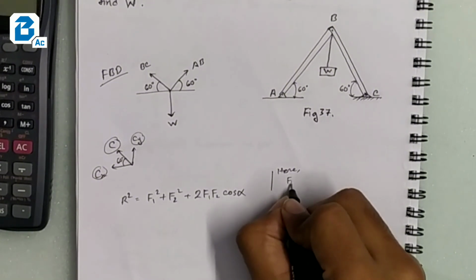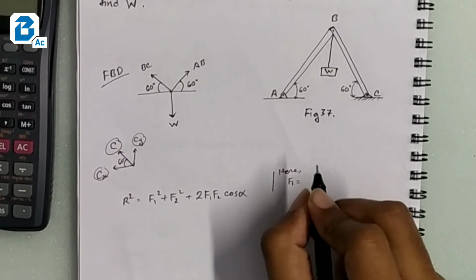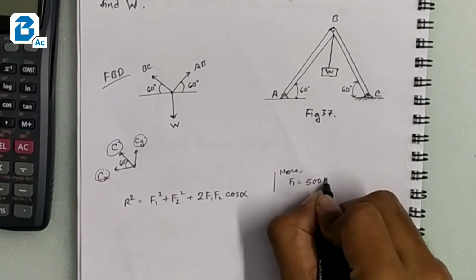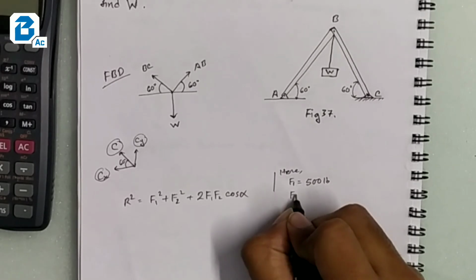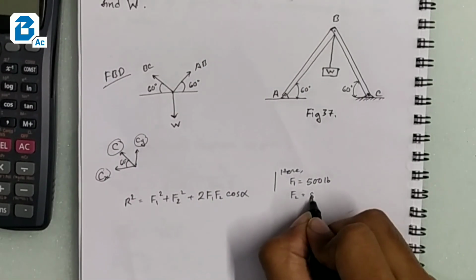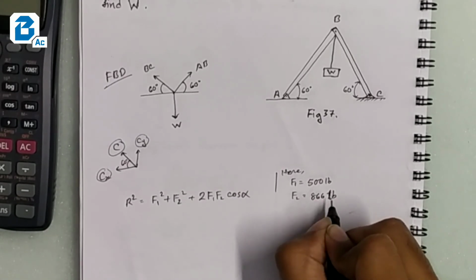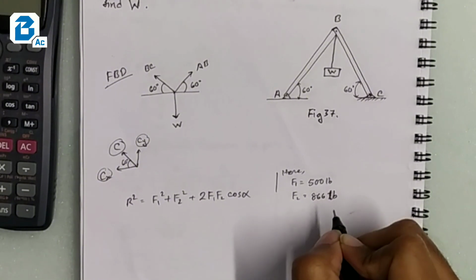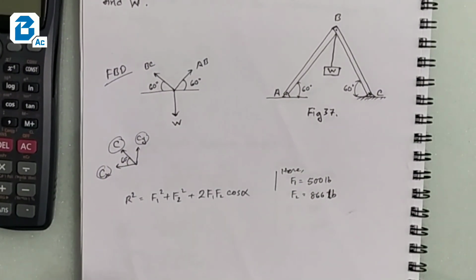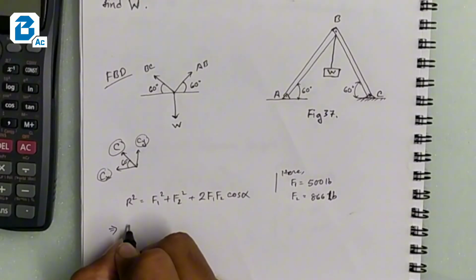Here F1 we can take as the X component, which is 500 pound, and then F2, which is the Y component, 866 pound. Then here R is equal to C, which we have to find out first.